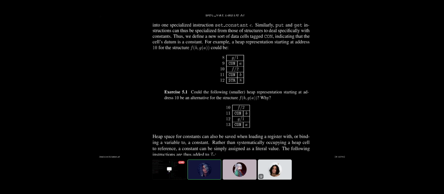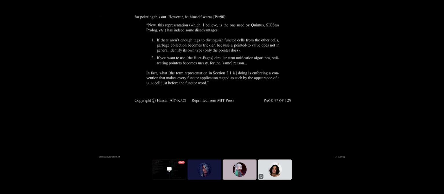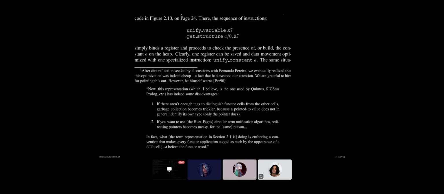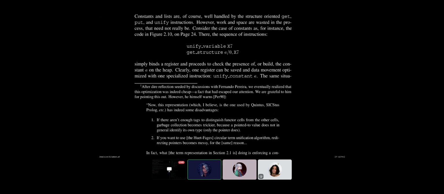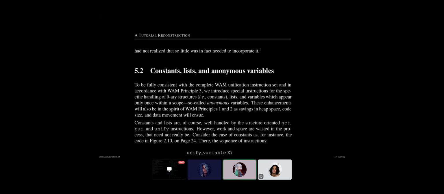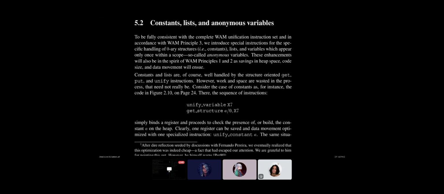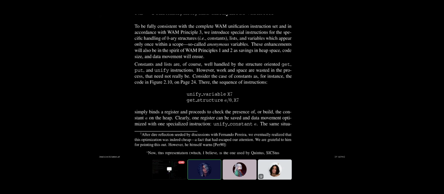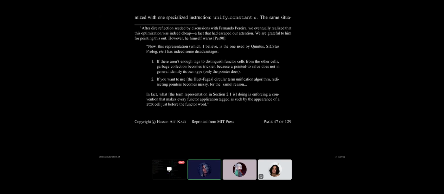Yeah, I really gotta go to that page. So this page is 63. Yeah, this is the section, right? Heap space for constants can also be saved when loading a register with or binding a variable to a constant.